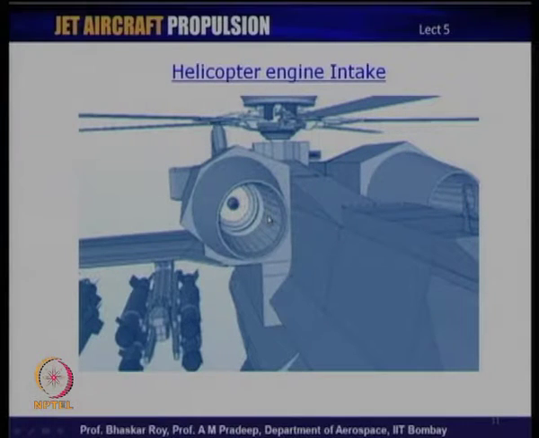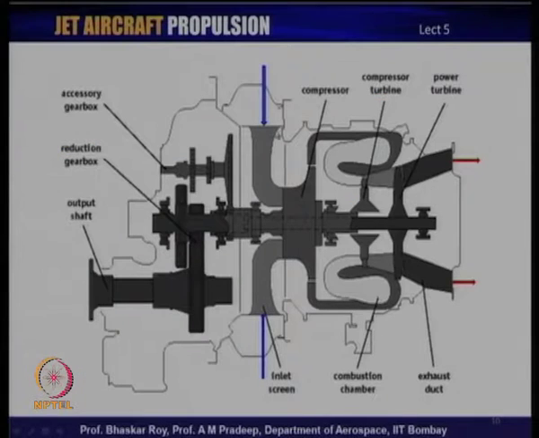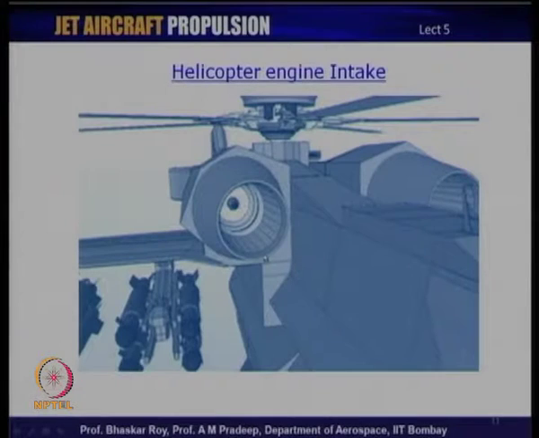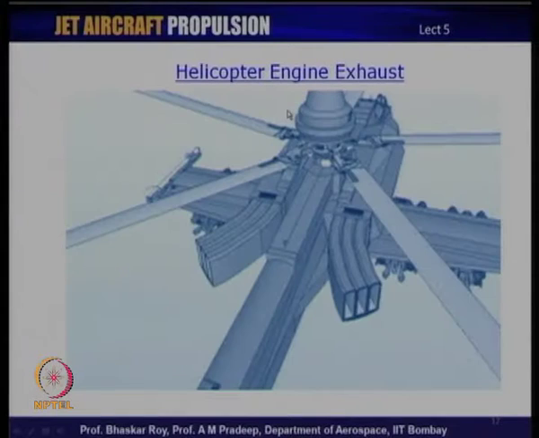In this particular sketch, you can see there are two possible intakes, one on this side and another on the other side, and that is what we saw here. They feed into the same engine, which produces the shaft power that runs this rotor for the helicopter.